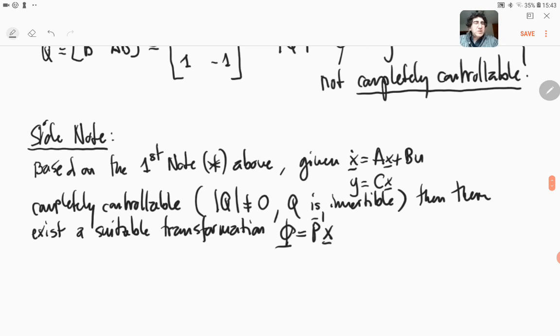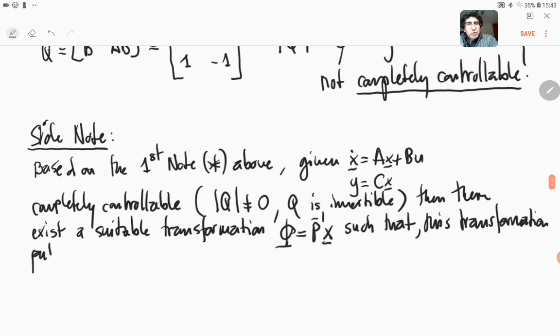Then there exists a suitable transformation such that this transformation puts the representation into its controllable canonical form.